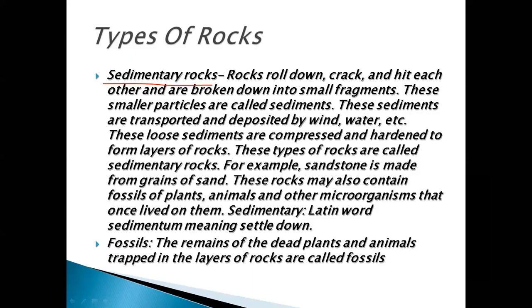These are transported and deposited by rainwater, etc. The loose sediments are then compressed and hardened, and a new layer on the sediments is formed. This is how sedimentary rocks are formed.